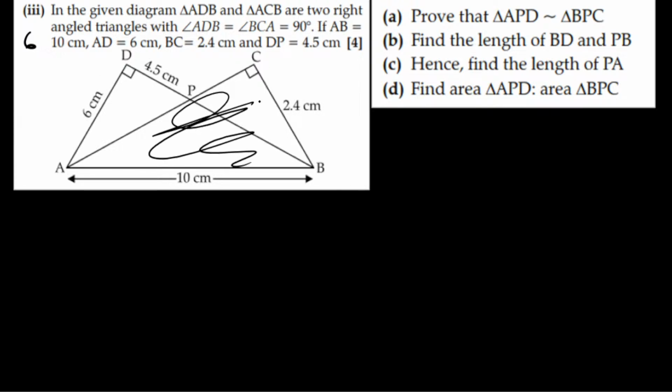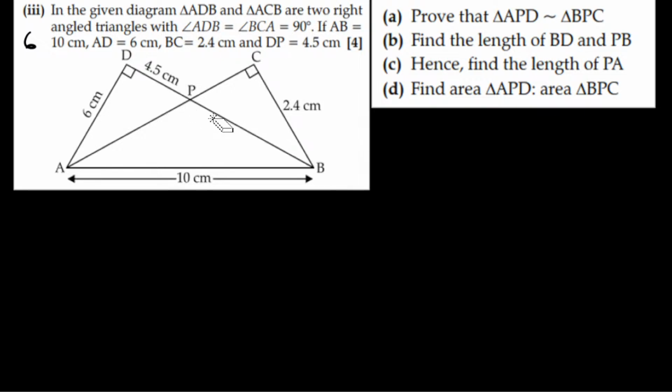These two are right angled triangles, where angles ADB and BCA are 90 degrees. AB is given as 10 centimeter, AD is 6 centimeter, BC is 2.4 centimeter and DP is 4.5 centimeter.